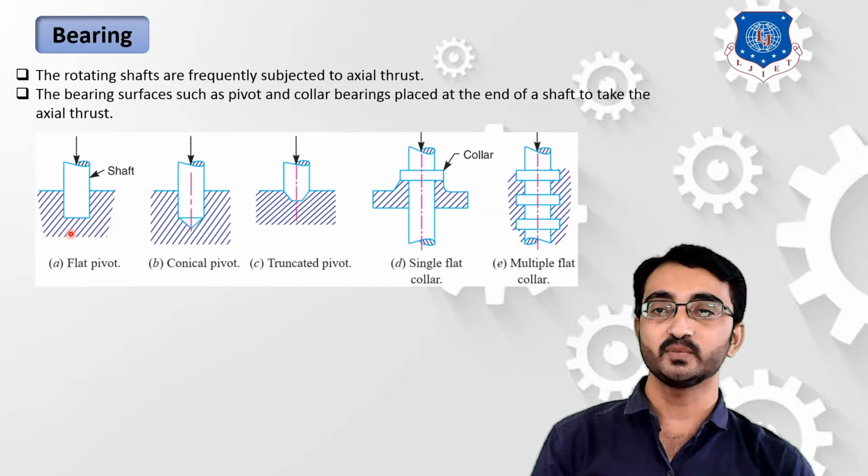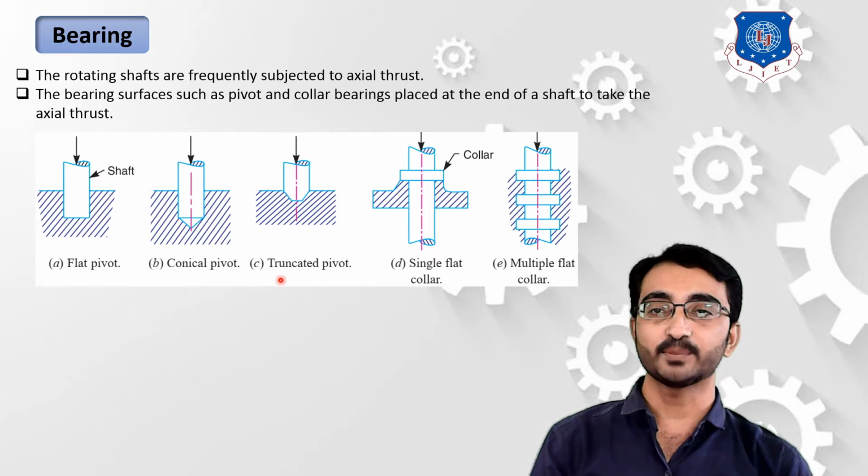These bearings belong to two categories, that is pivot bearing and collar bearing. Let's refer to one of the diagrams over here. In this diagram, the first three diagrams represent the pivot type of bearing, and the second two diagrams refer to the collar bearings. When your shaft is blind and you are directly supporting the axial thrust acting on this shaft, then this type of bearing which has a flat surface is used.